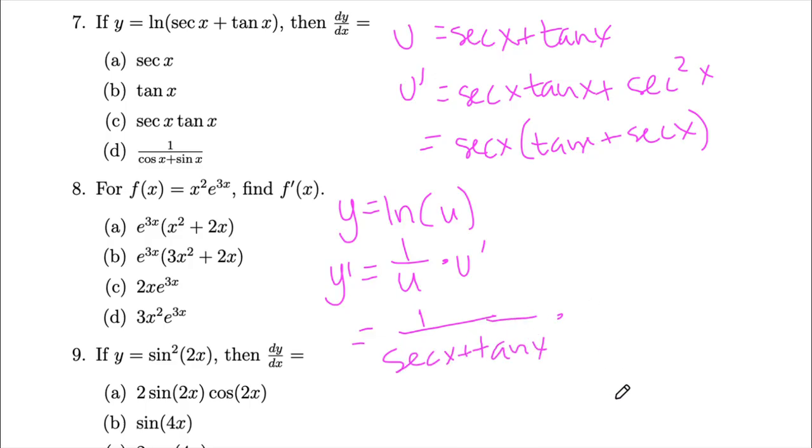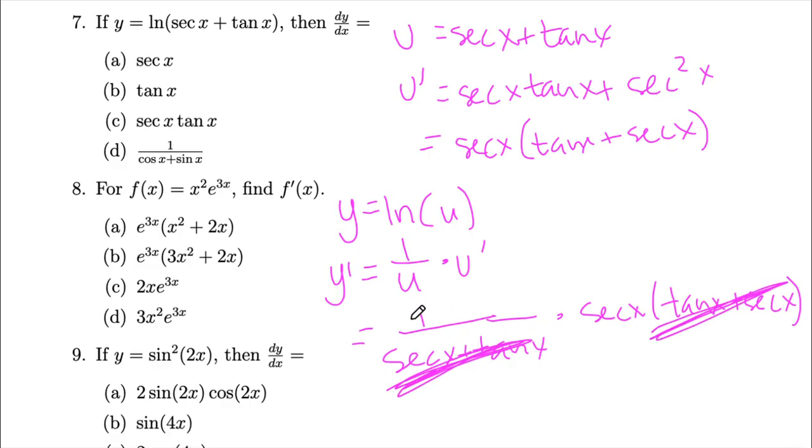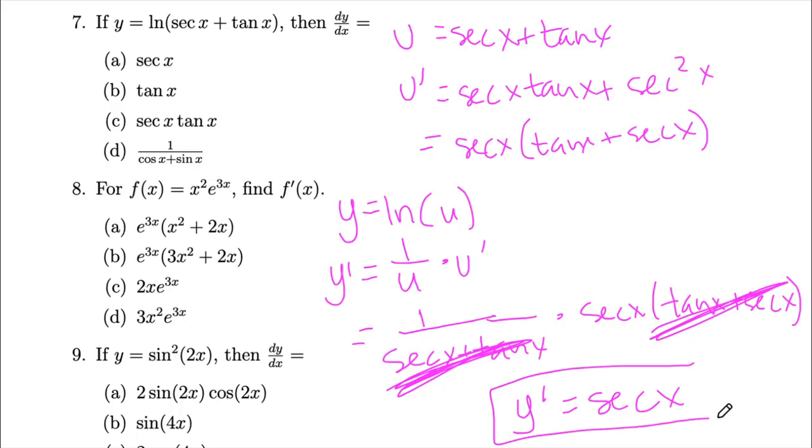And then we're going to multiply this by u prime, which is secant x times tangent x plus secant x. Here, because these are being multiplied, now we can cancel out our denominator with that. And so now we just get 1 times secant x for our derivative. So y prime equals secant of x, which is answer choice A.